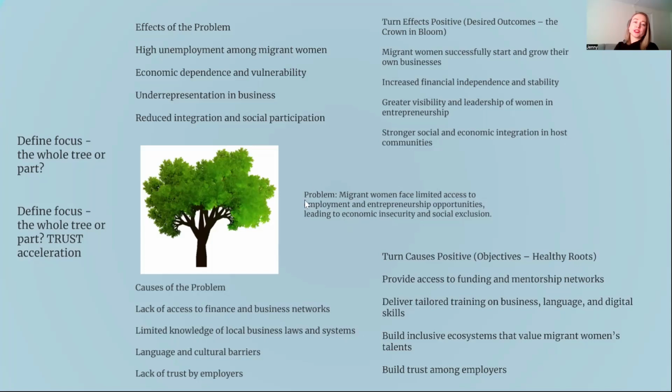So this problem: we always start with the middle of the tree, where we put the problem. And this problem is that migrant women face limited access to employment and entrepreneurship, and it leads to economic insecurity and exclusion. This is so true in terms of Europe and migrants. And I'm sure there are several calls, like for Ukrainian veterans, for Ukrainian internally displaced people moving between regions.